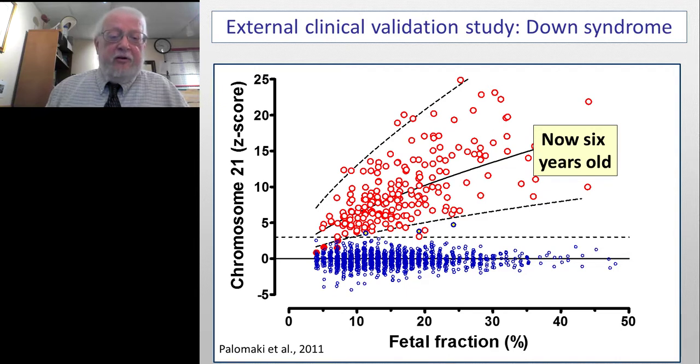You also, if we look at the x-axis now, what's the x-axis? It's the fetal fraction. Remember, we said that the average is about 10%? Well, there's the 10% fetal fraction. And you see as the fetal fraction goes up, in other words, as more and more of the material that you're testing comes from the fetus, it becomes easier and easier to separate the normal from the Down syndrome.